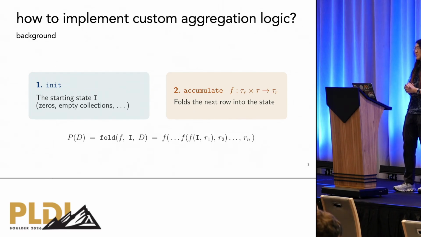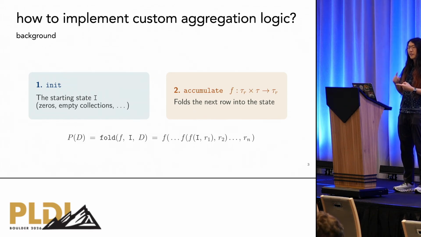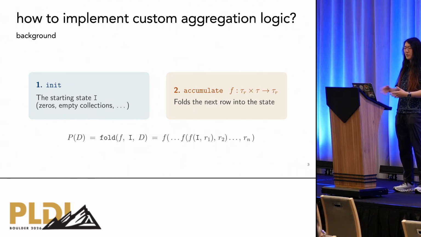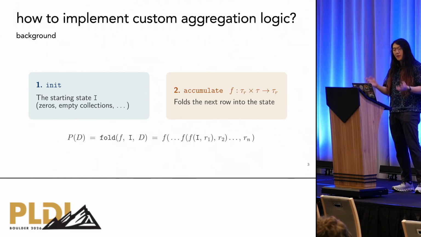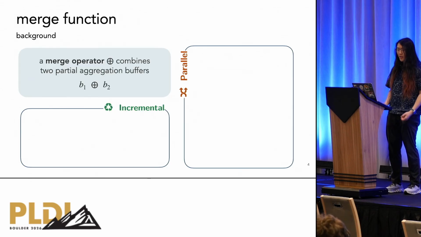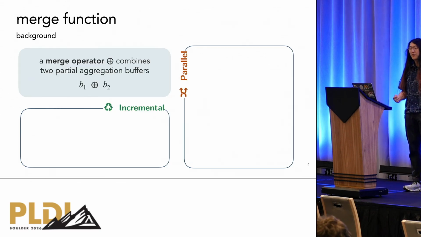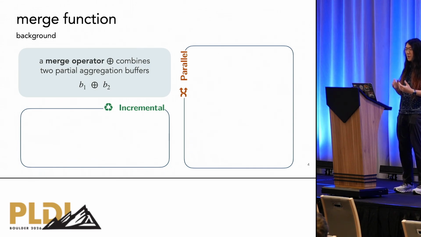It also has the so-called accumulate function, which takes in the current state and the current input, and then folds the next row as the input into the state. If you expand the definition of fold, that will be the form that we are all familiar with. So to implement a UDAF, init plus accumulate are the minimum things you need.